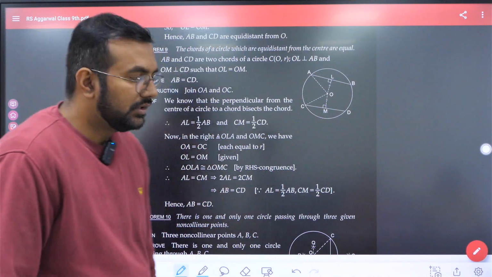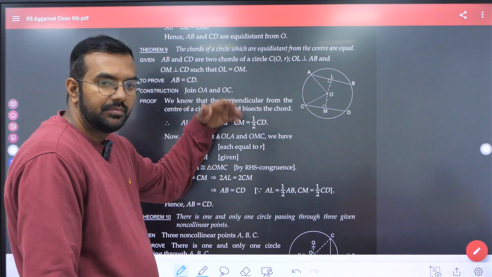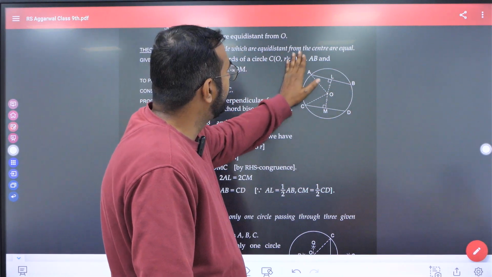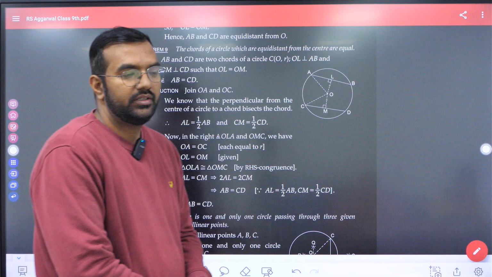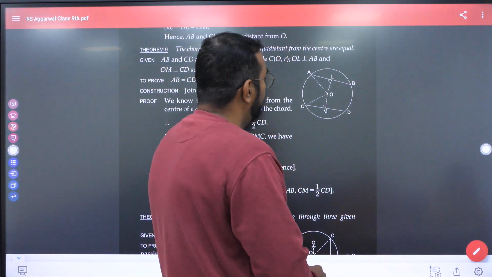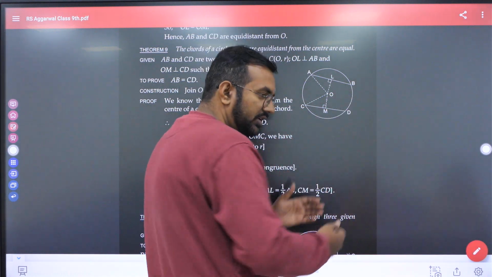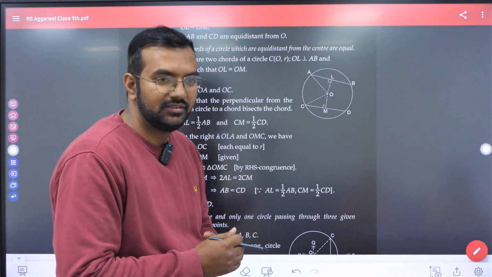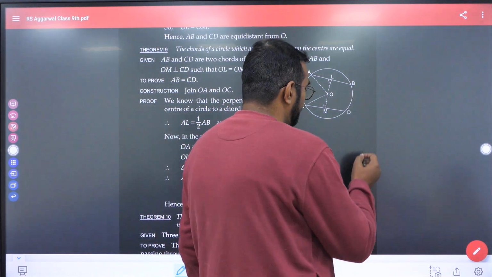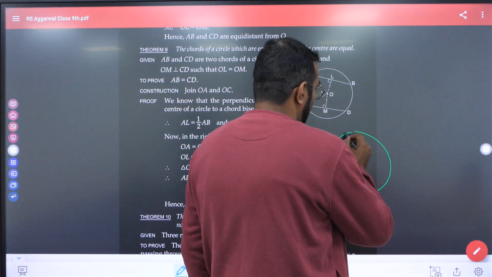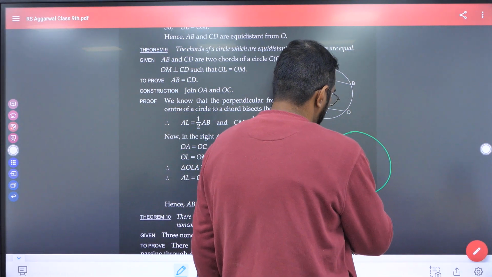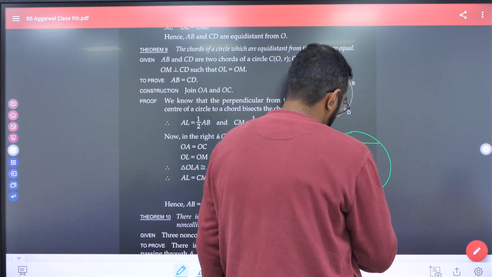So let's move to another theorem, that is the inverse of the previous theorem. The chords of a circle which are equidistant from the center are equal. This is the converse of the last theorem. It is saying if the chords are equidistant from the center, then they must be equal. It is saying, beta, this one is a chord and this one is another chord.